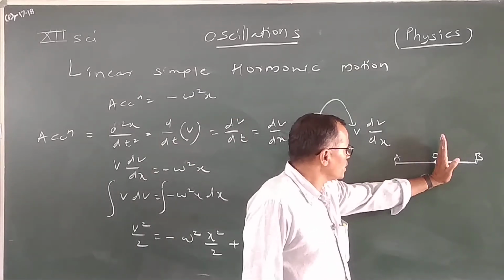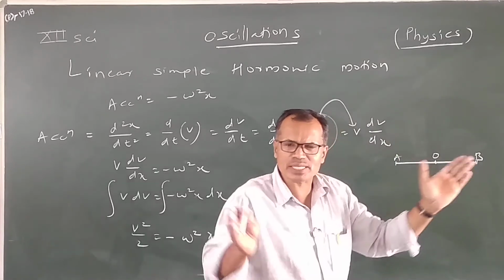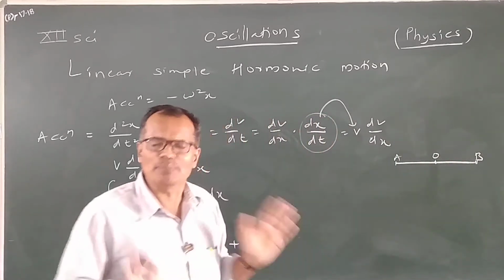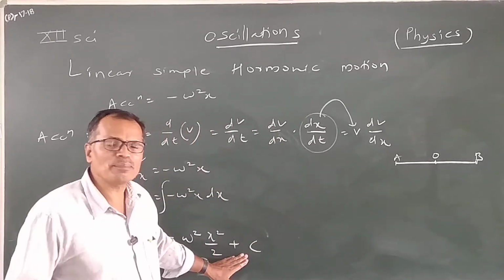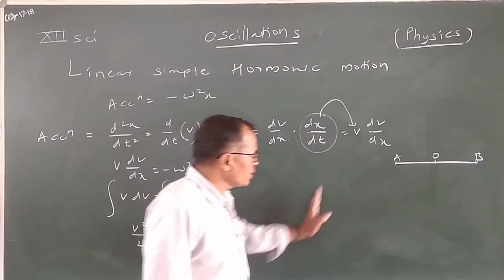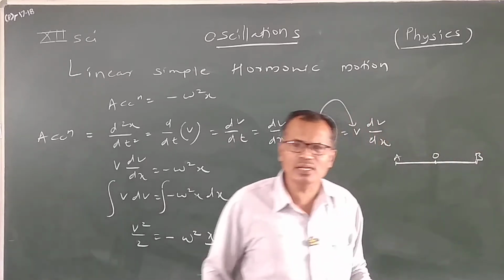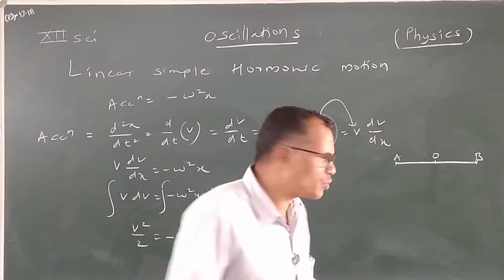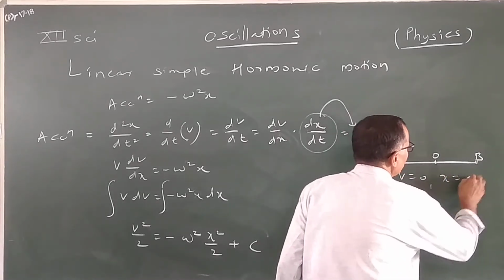The displacement of the particle from the mean position toward the extreme, that is the maximum displacement, is called amplitude. Now in order to find out the value of c, we have to apply the boundary conditions. We know that when the particle reaches the extreme position at point A, velocity becomes 0. So we can write that v is equal to 0 when x is equal to a.